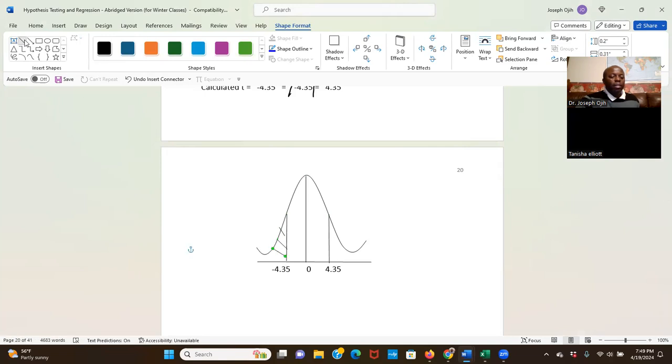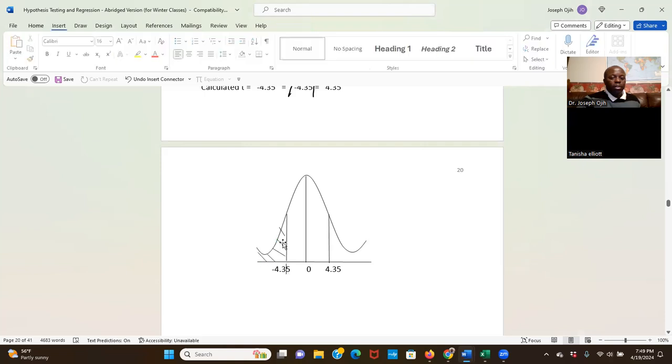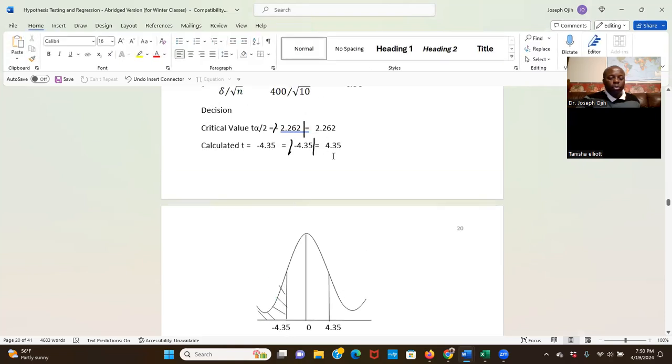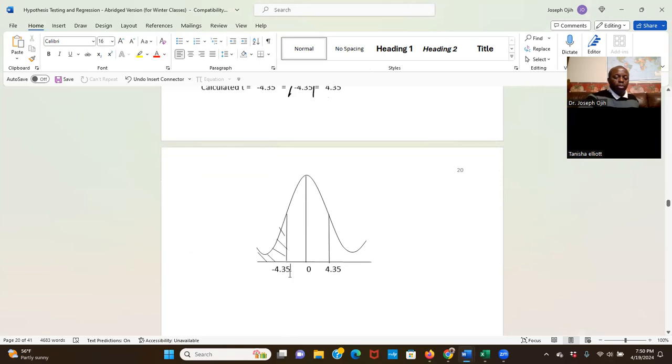So I'm going to correct this now. I should put in the critical value, negative 2.262. And the same thing here, positive 2.262. 2.262 as the critical values.